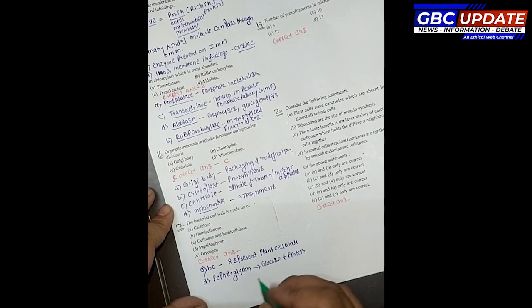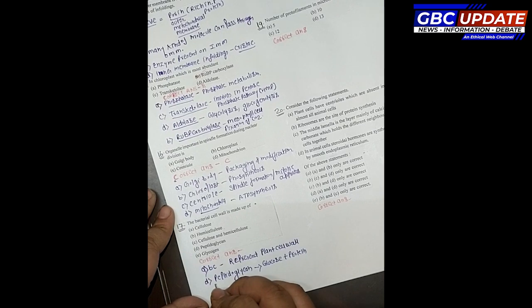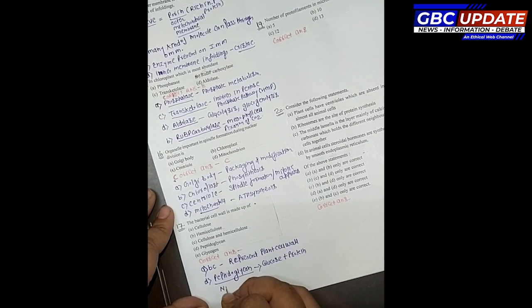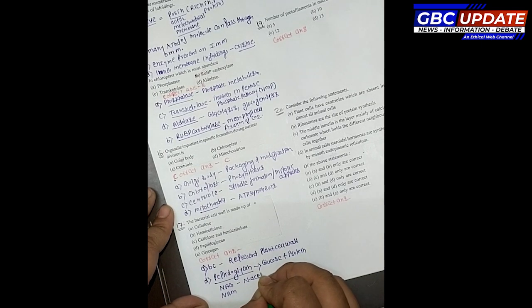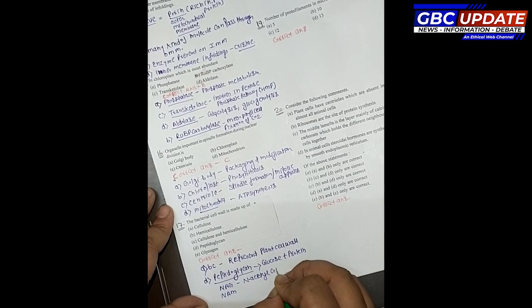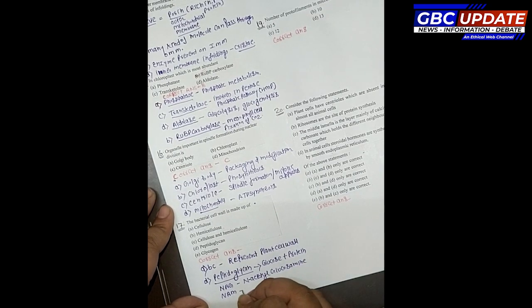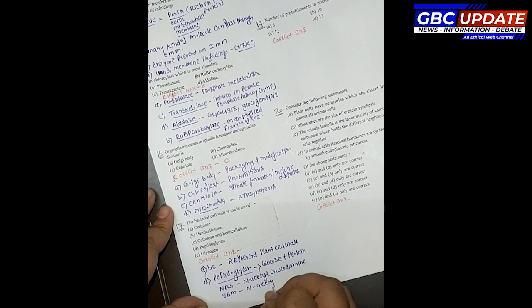So we have studied that the bacterial cell wall is made up of two specific components, which are NAG and NAM, N-acetyl glucosamine and N-acetyl muramic acid.